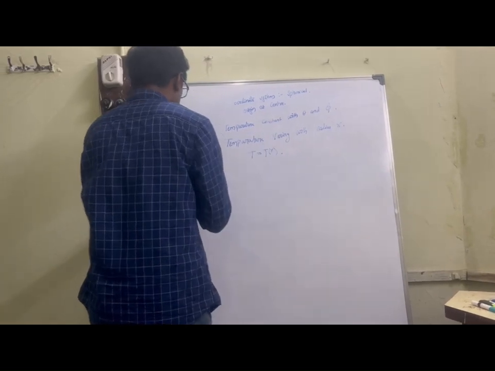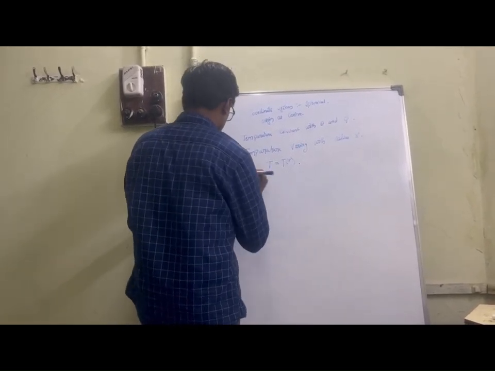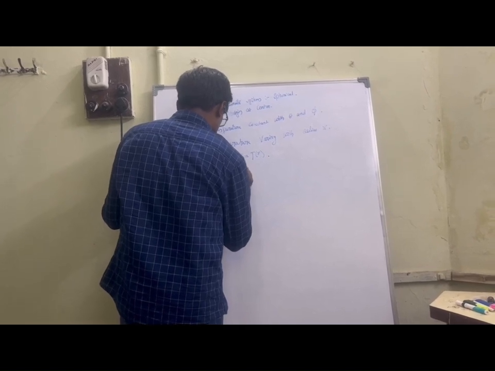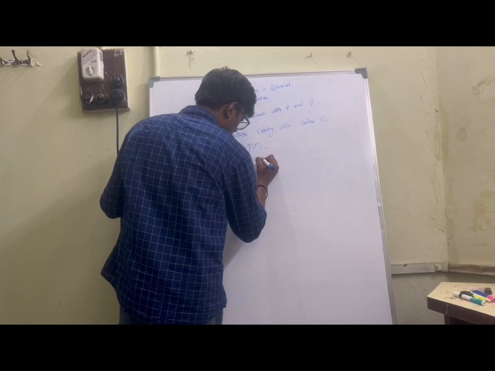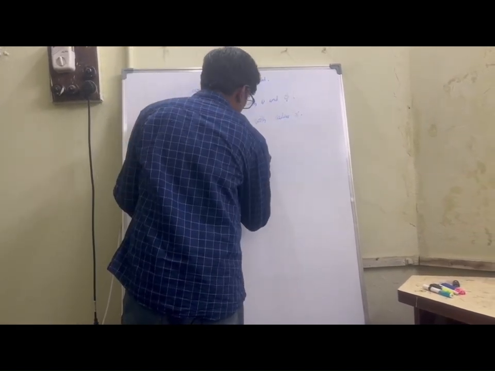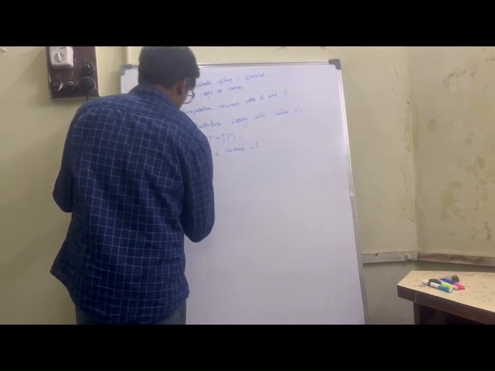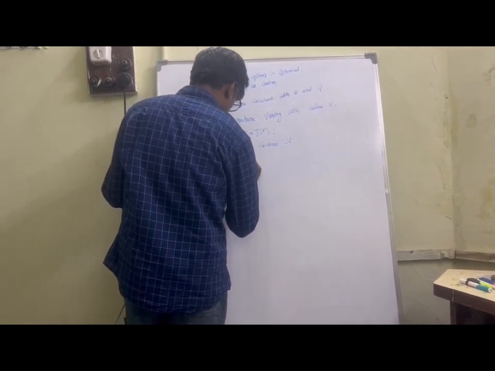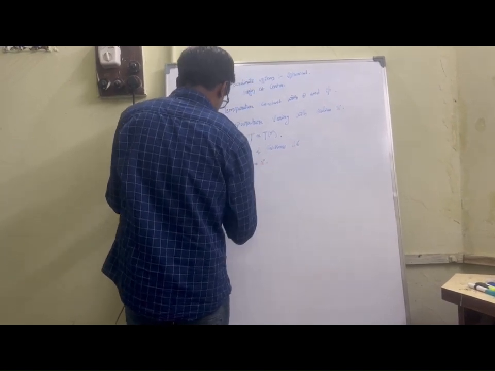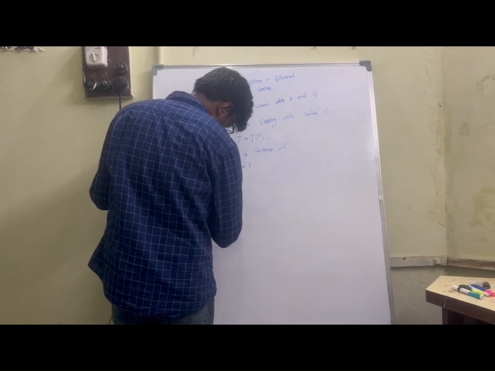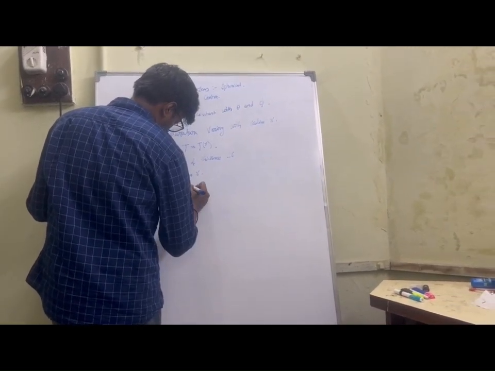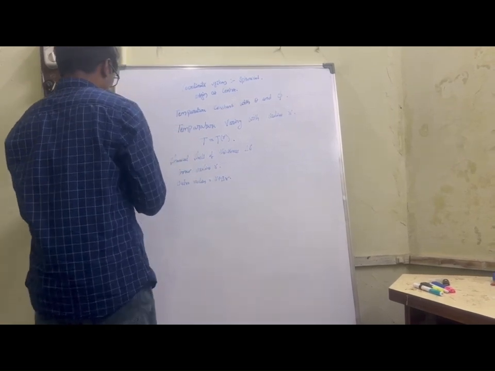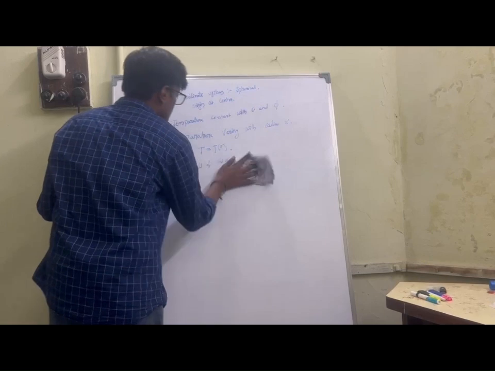Okay. Now consider a spherical shell of thickness delta R. The inner radius is R and the outer radius is R plus delta R. Now I will draw the figure.